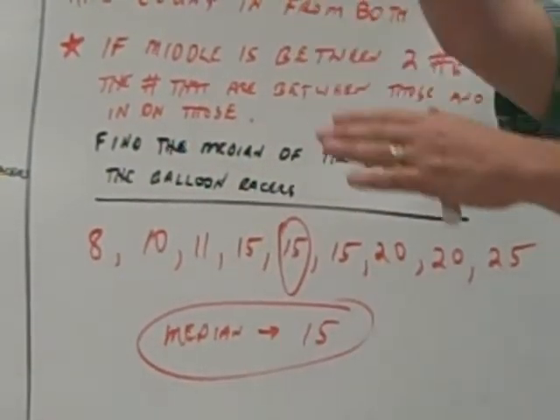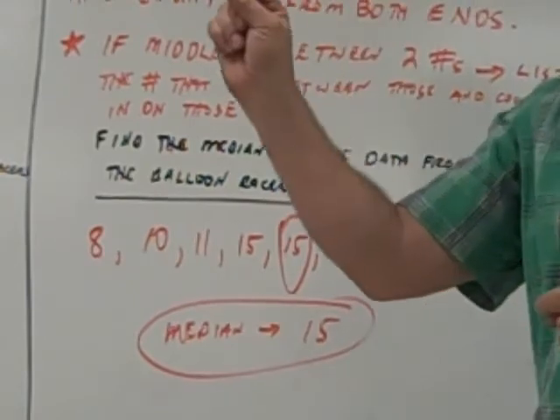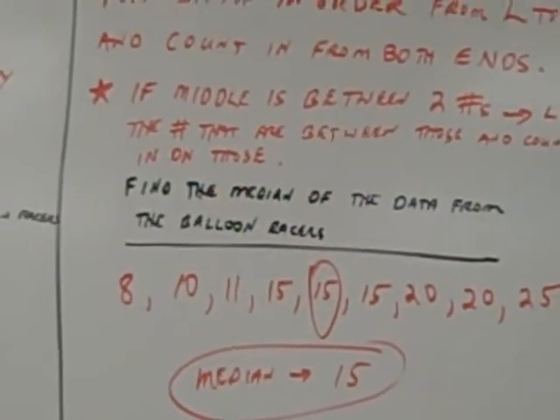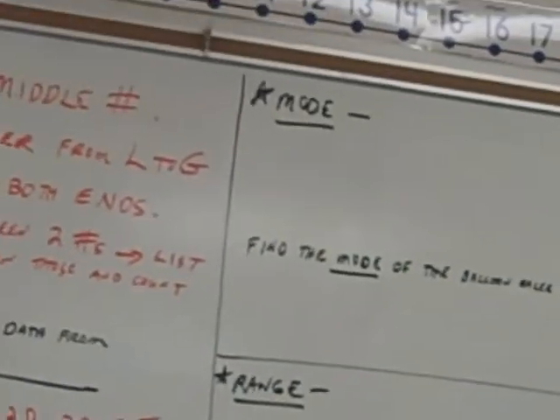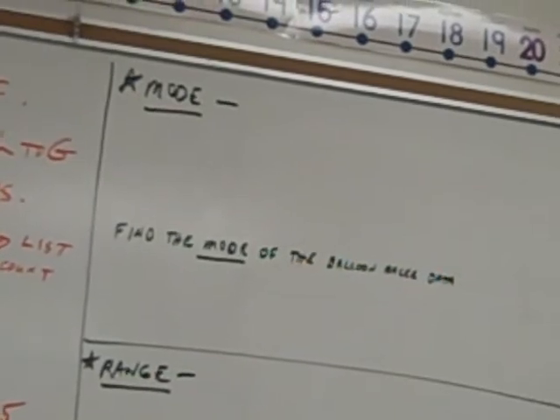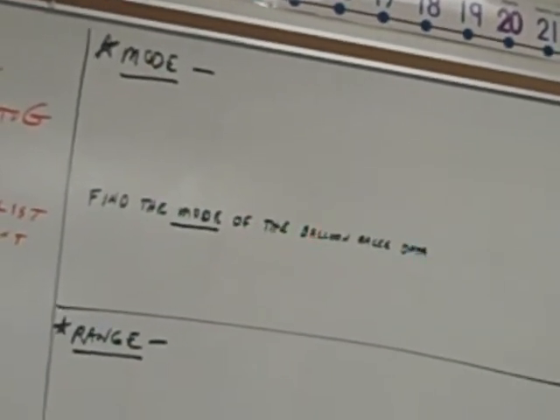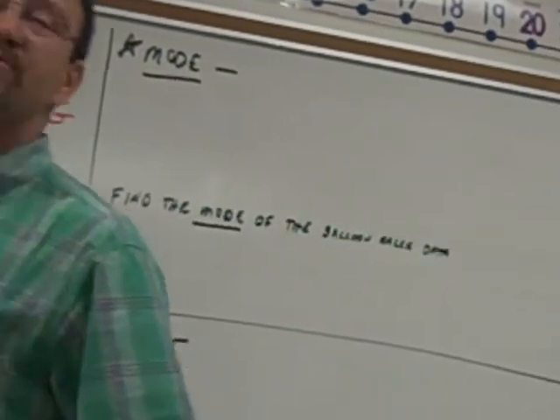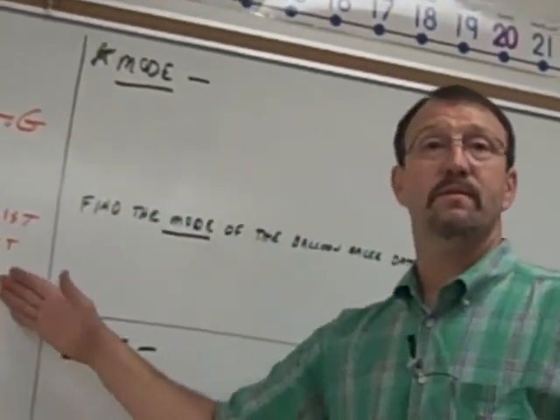If you end up in between two numbers, list the numbers in between and count in those until you finally get it. In my opinion, median is the hardest one. Some people think mean is harder because they have to add and then divide and end up with a decimal. I think this one's the hardest.